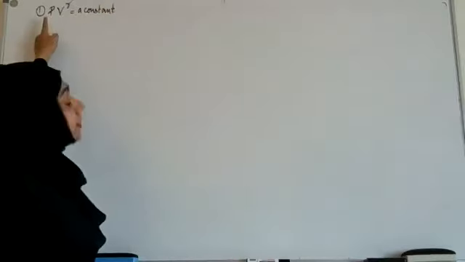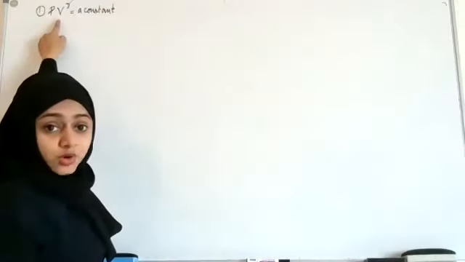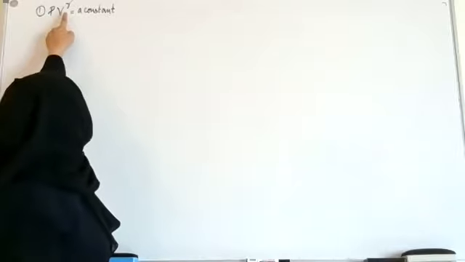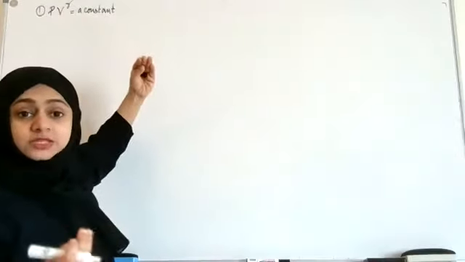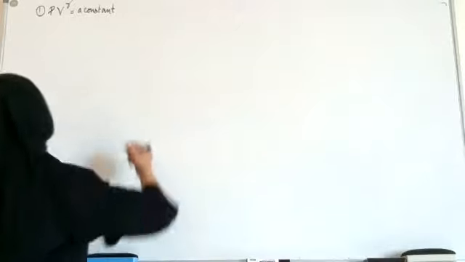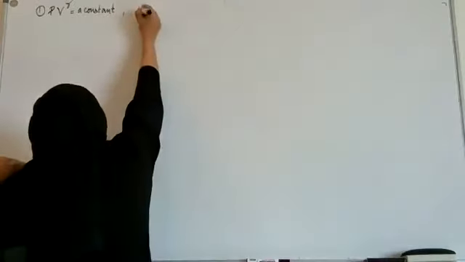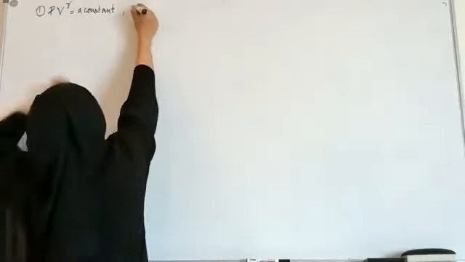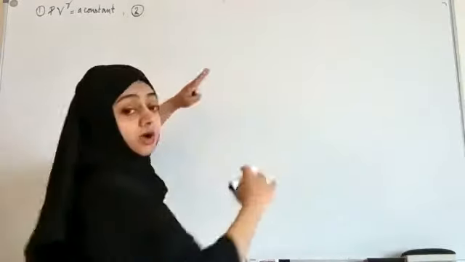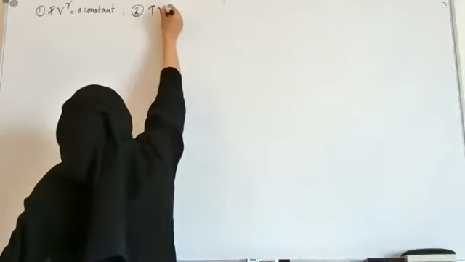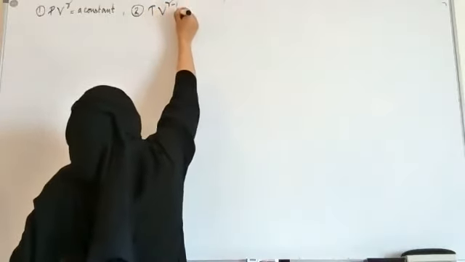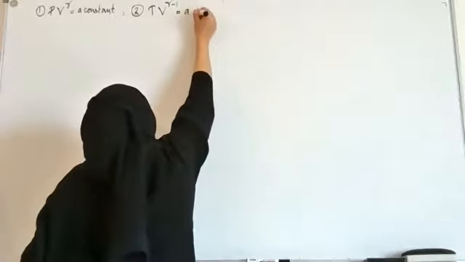Where P is the pressure, V is the volume, and gamma is Cp by Cv, the ratio of specific heat capacities, molar specific heat capacities. Then we will use this equation to derive another equation, which is TV raised to gamma minus 1 is a constant.